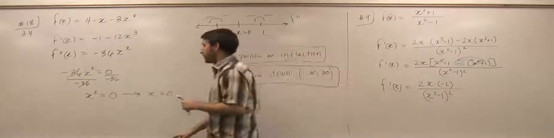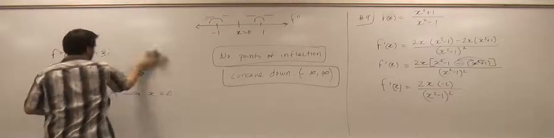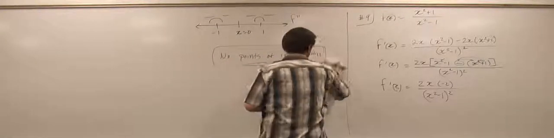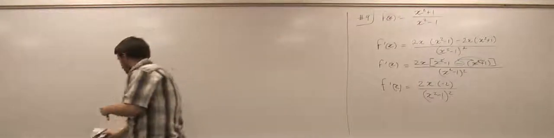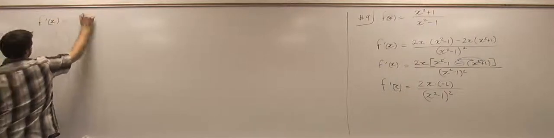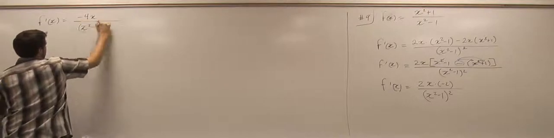And then you have to do the derivative again. Although that's kind of silly, I'd probably make that negative 4x on top. So f prime of x equals negative 4x over x squared minus 1 squared.